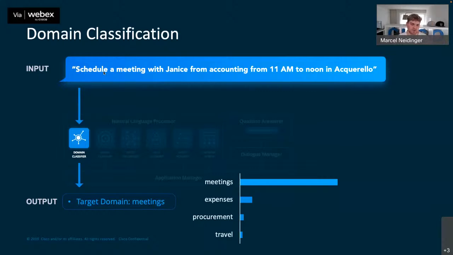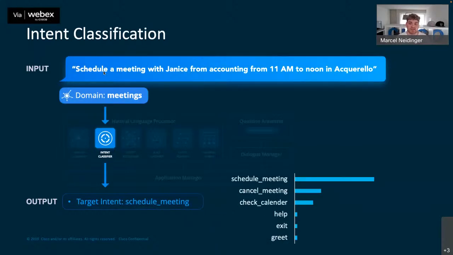Once we have our target domain, once we know the broader category, we can go into the intent. Within a target domain, you have multiple intents. For example, within the meeting domain, you now have the ability to schedule a meeting. These are basically the conversational flows or conversational tracks that your machine can follow.